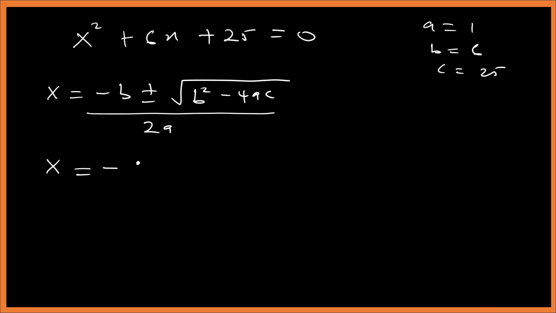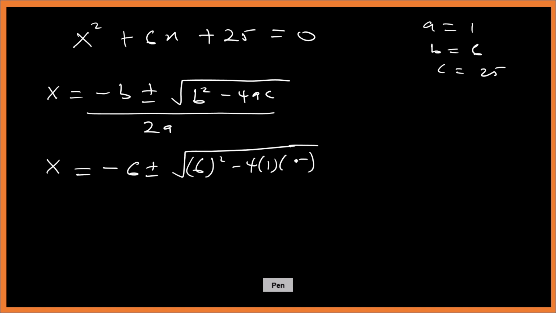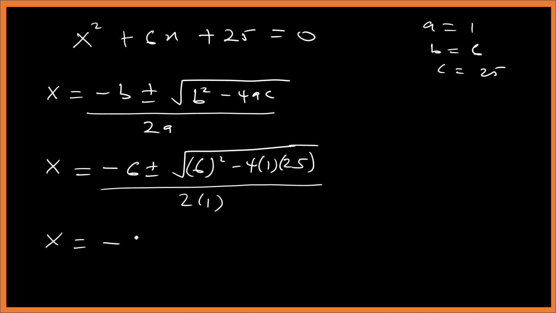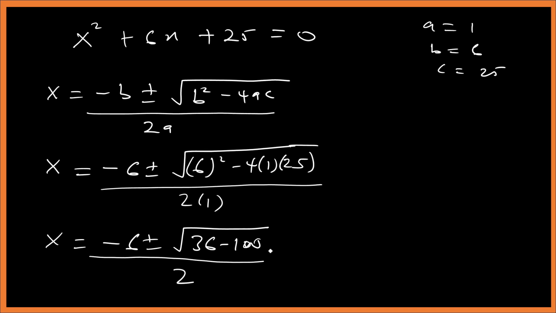So we have minus 6 plus or minus square root of 6 squared minus 4 times 1 times 25, over 2 times 1. So we have 36 minus 100 on 2.